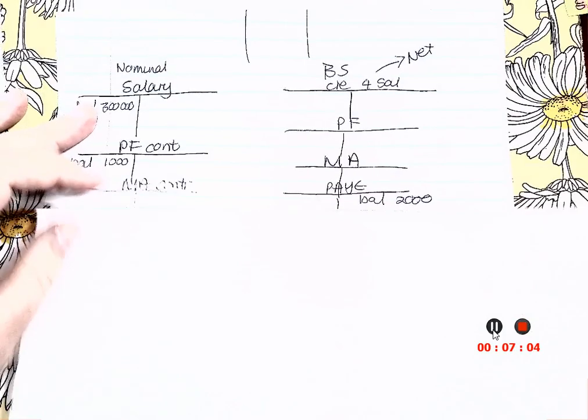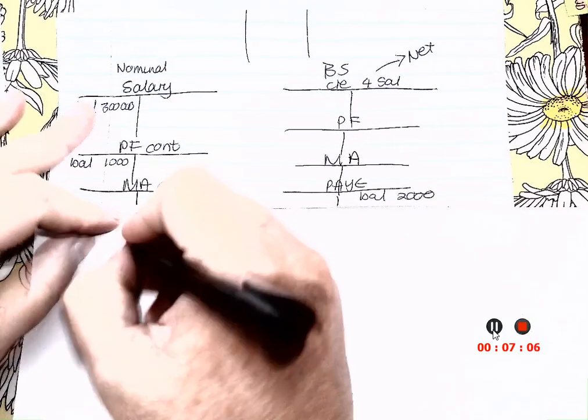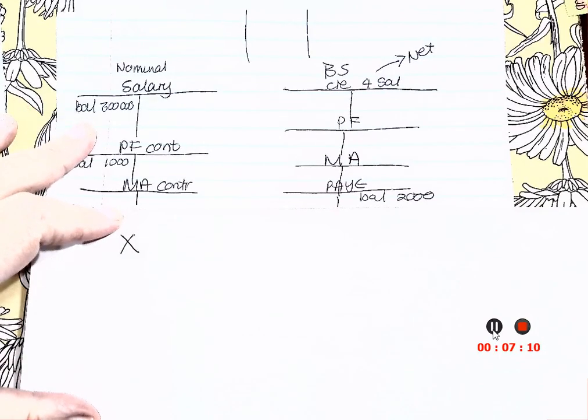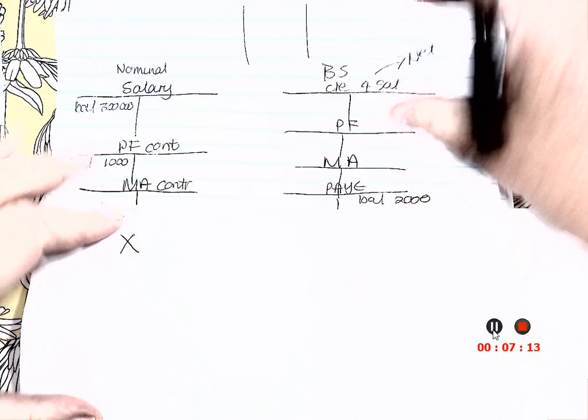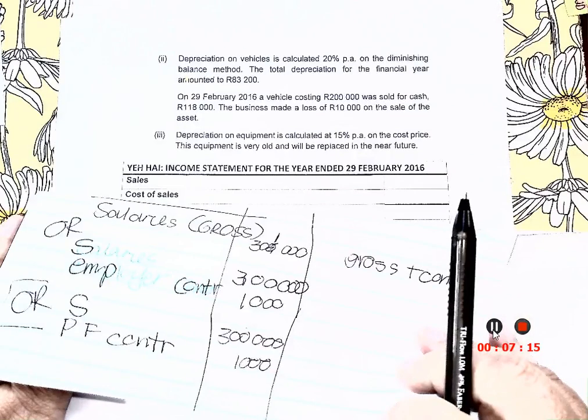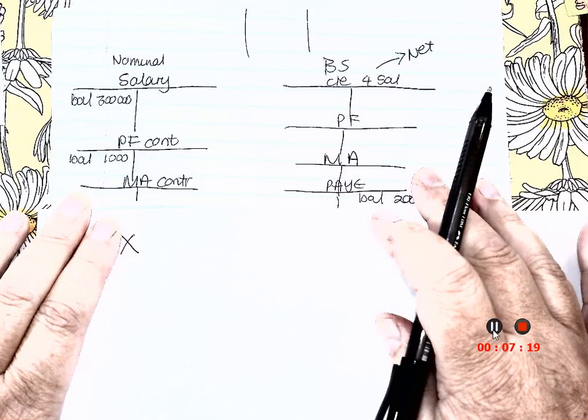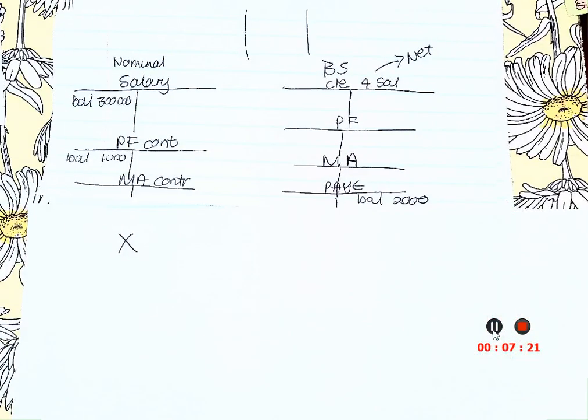But the bookkeeper forgot to post this information. So meaning, you will not find it here in the trial balance. And you also won't find it in your T-accounts. So this is now information that you bring forward about this one girl who's gone.